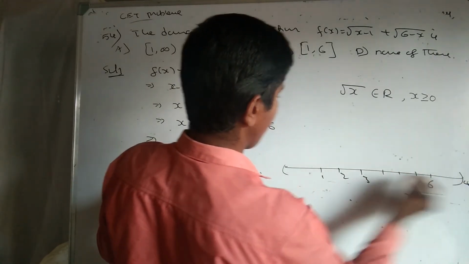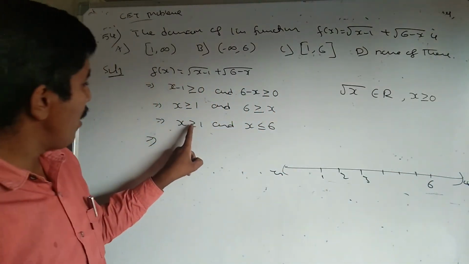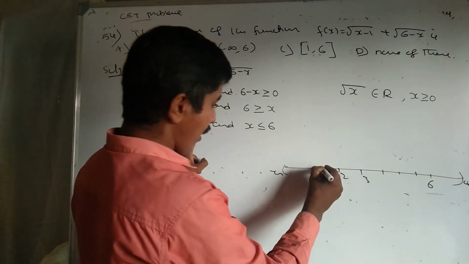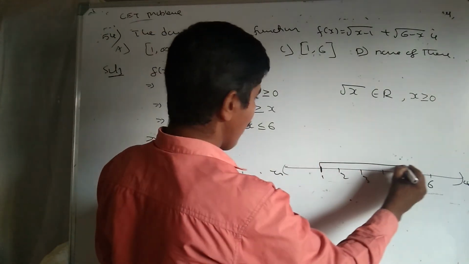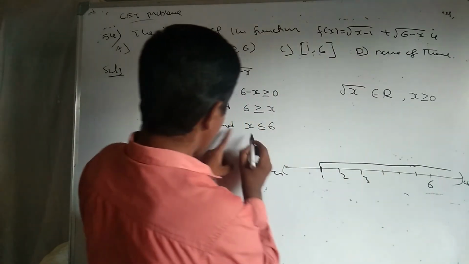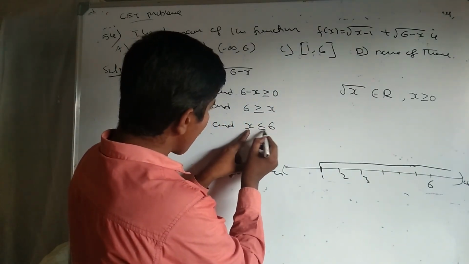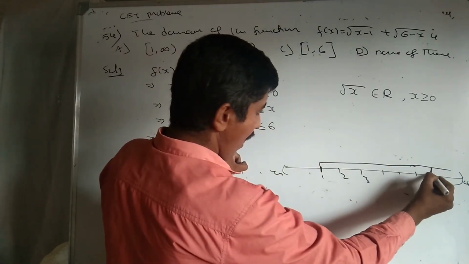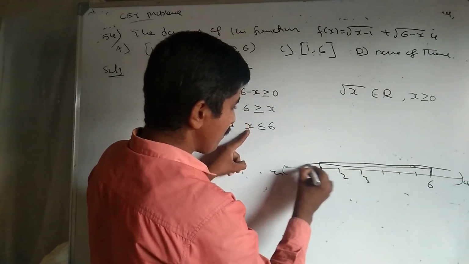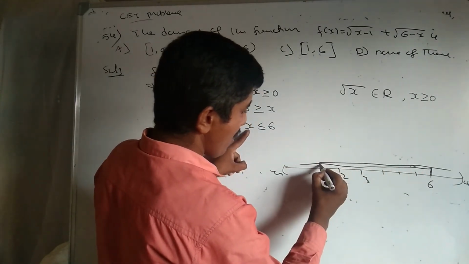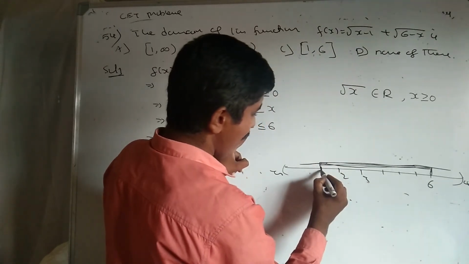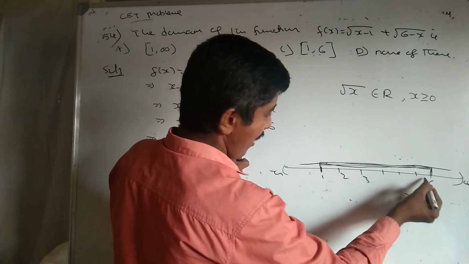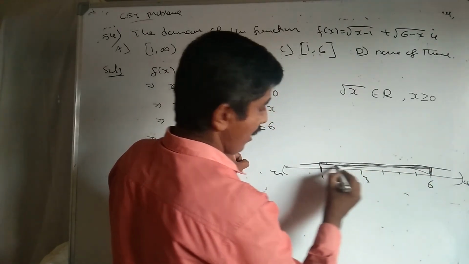The x value can be greater than or equal to 1, and less than or equal to 6, including x equal to 6. The common solution is only 1 to 6: x greater than or equal to 1 and less than or equal to 6.